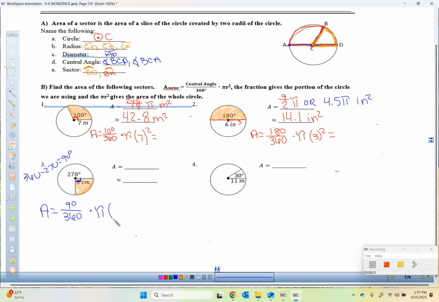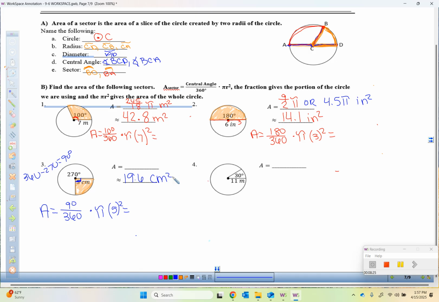And what's my radius this time? 5 squared. So in our calculators, we have 90 divided by 360 pi 5 squared. And I get 19.6. Is that what you guys get? Yeah. And that is centimeters squared.